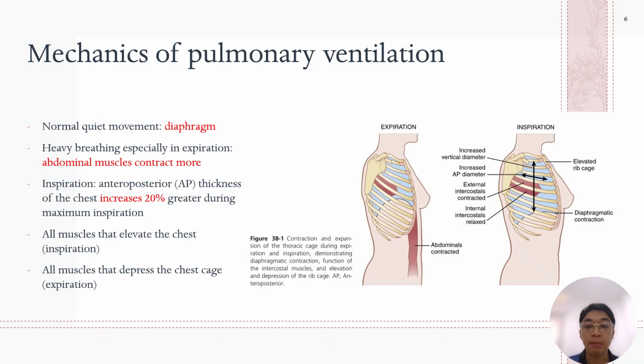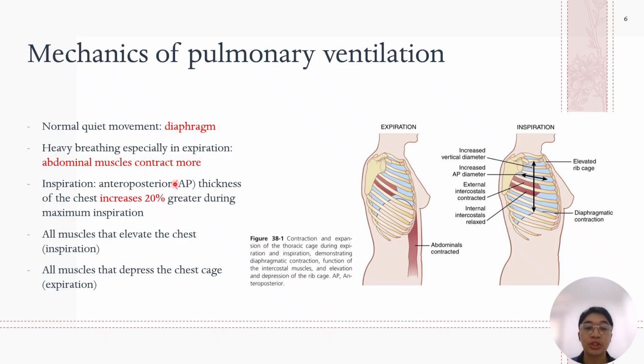We exhale because of the elastic recoil of the lungs, as I will further explain later on. Now, during heavy breathing, especially during expiration, your abdominal muscles contract further because the elastic recoil itself is not enough to expel the air out.